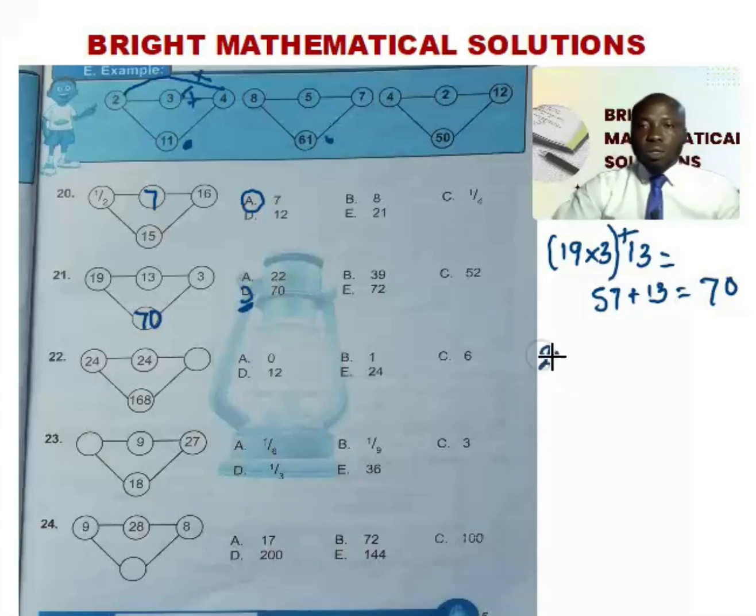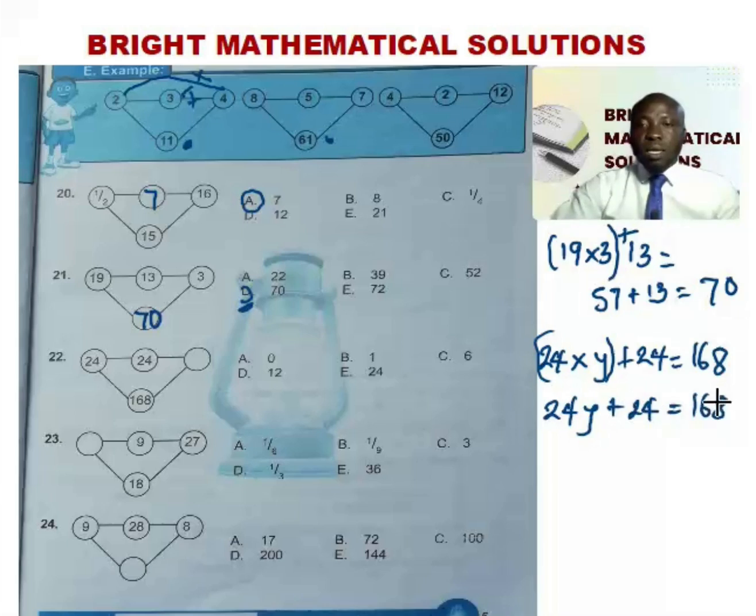Let's look at the next one. We have 24 multiplied by y, which is the unknown. Let's say this is y plus 24, and this gives us 168. So if we multiply, this gives us 24y plus 24 equals 168.